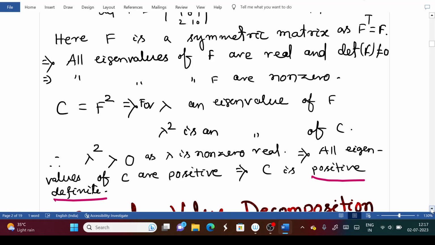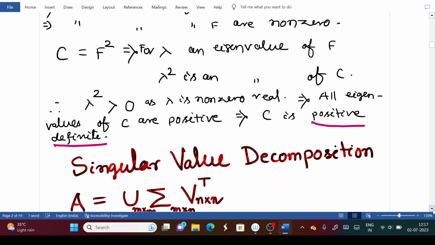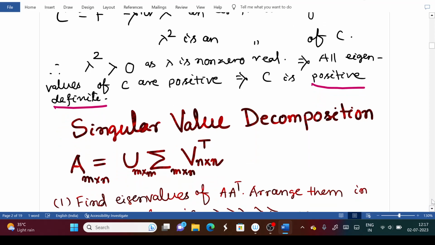Now let us discuss singular value decomposition. What do we mean by singular value decomposition of a given matrix? Let us consider a matrix A which has m rows and n columns. That means its eigenvalue decomposition cannot be obtained, as it is not a square matrix. So what will we do for such a matrix? We will go for singular value decomposition.